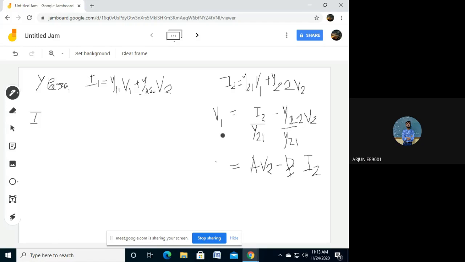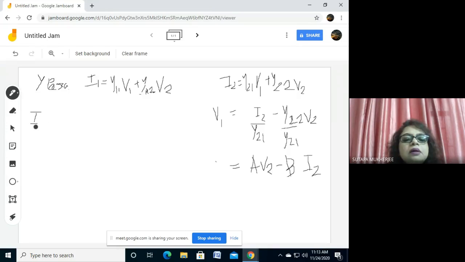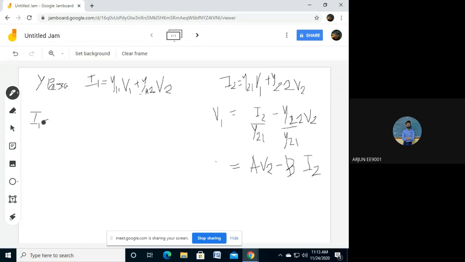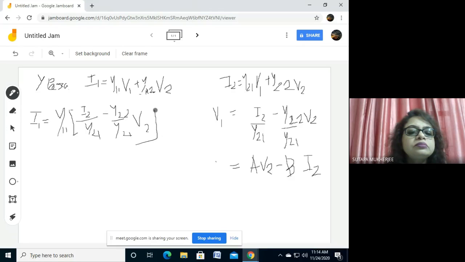Now come to the V1 value here. Here we can say I1 equal to Y11 bracket I2 Y21 minus Y22 by Y21 V2 plus Y12 V2.